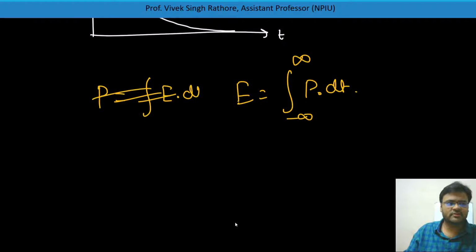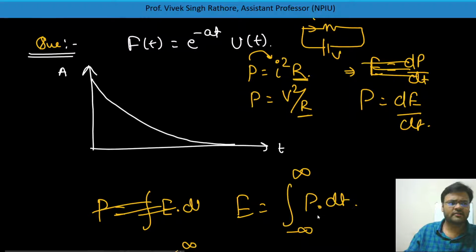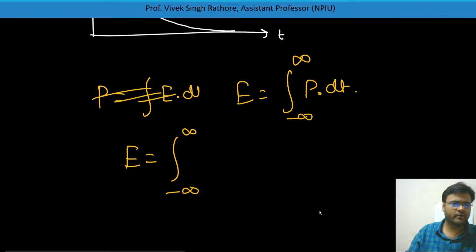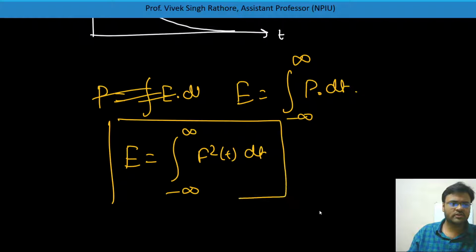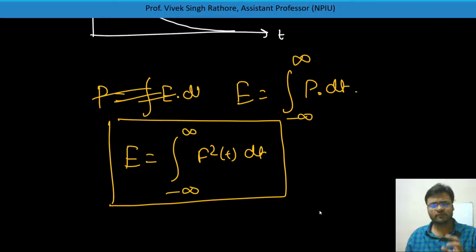So energy is equal to the integral from minus infinity to infinity of f squared of t dt. This is the formula by which you can calculate whether the signal is an energy signal.